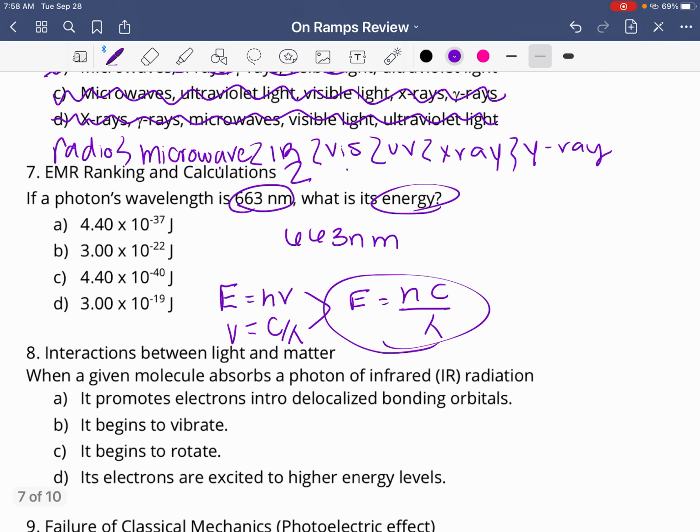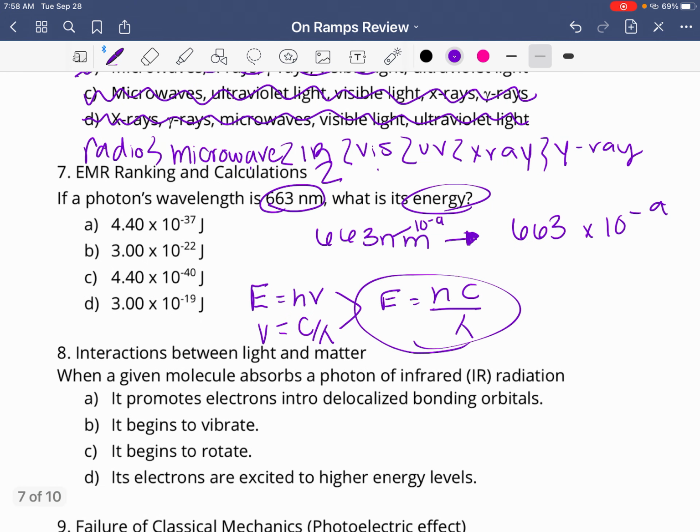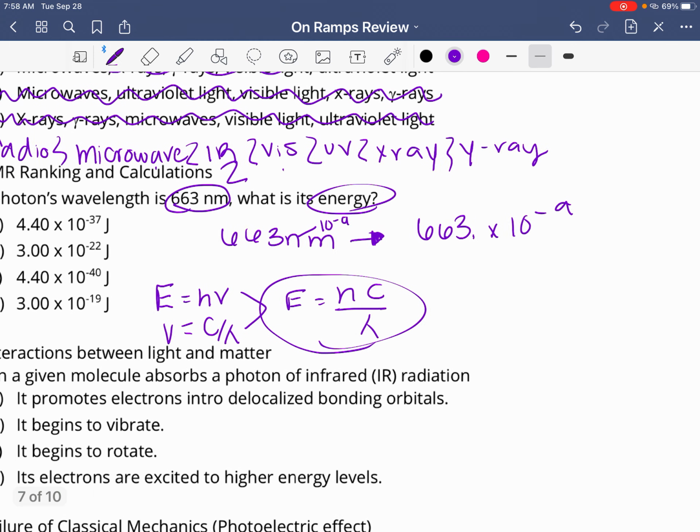Okay? So wavelength is 663 nanometers. We do not want it in nanometers, we want it in meters. So we do 663. Since it's nano, it's going to be 10 to the negative 9. 663 times 10 to the negative 9. Okay? We want to make that like a whole number.